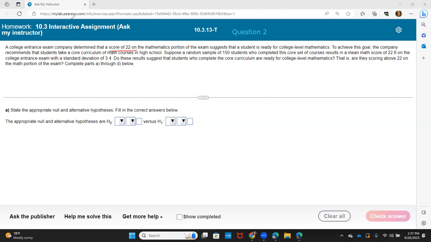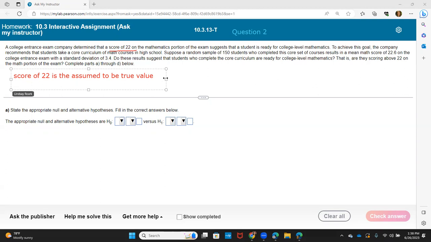From doing these a lot, I know that this is really telling me the score of 22 is the assumed to be true value. That is what they're saying: if you can get a score of 22, we're going to assume that means you're ready for college entrance math.